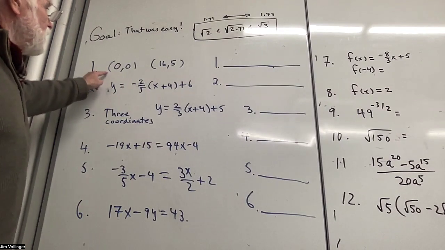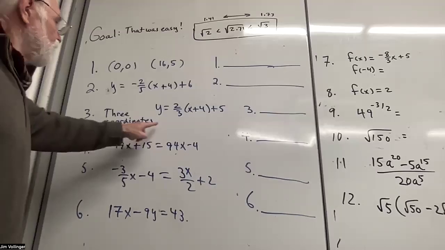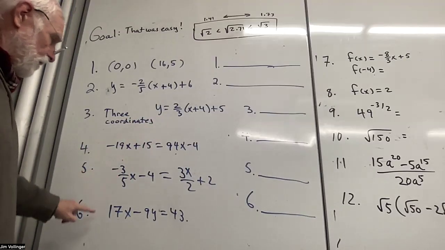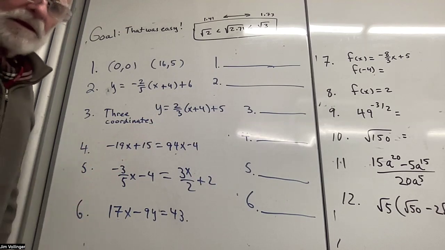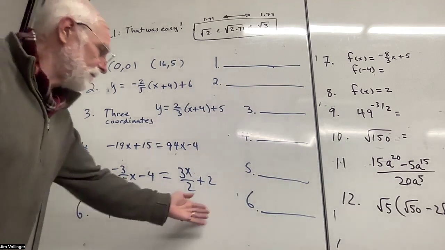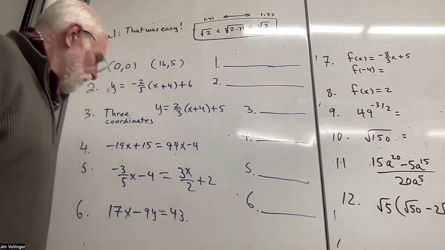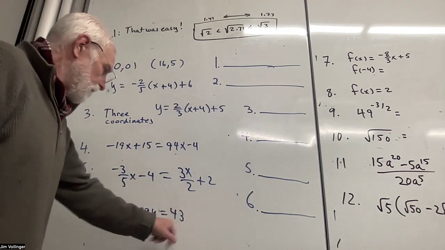Number 1, write the equation of a line. Number 2, put in slope-intercept form. Number 3, name 3 coordinates of this line. Solve an equation, and write the perpendicular to this. And I think I forgot that you can put it through a point, and that's not there.